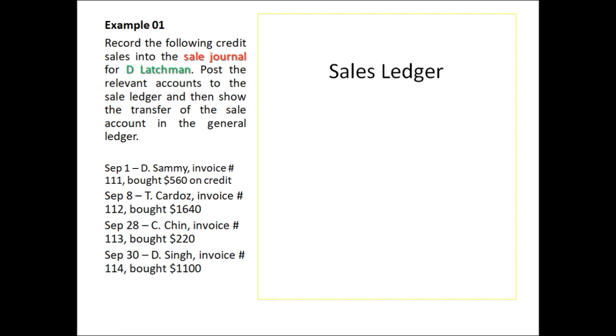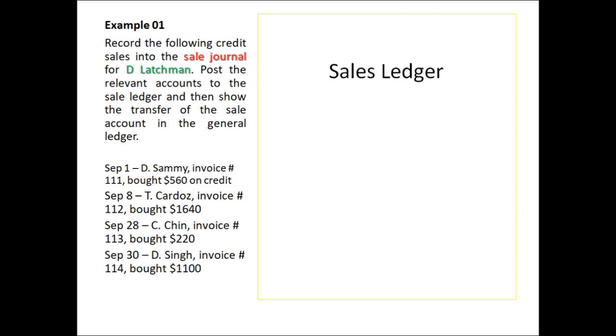Today we're going to look at the sales ledger. The sales ledger is the second part in completing the sales journal. It is a separate account, but CSEC normally asks you to do the journal and the ledger hand in hand together. So now let us discuss what the ledger is.